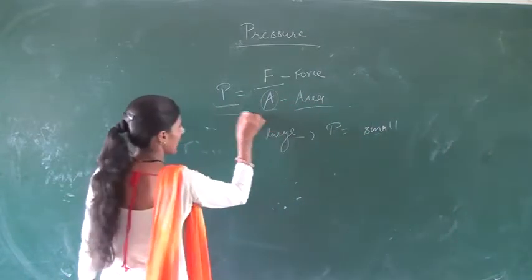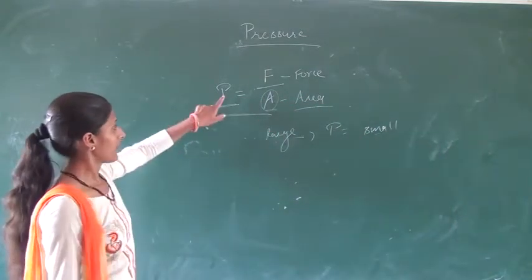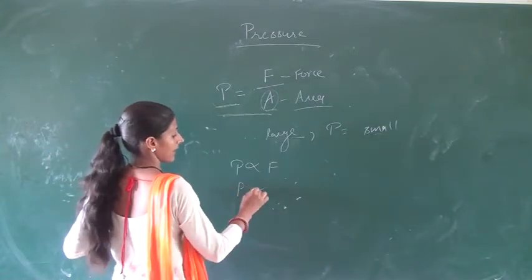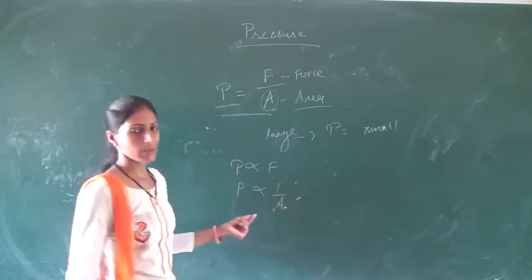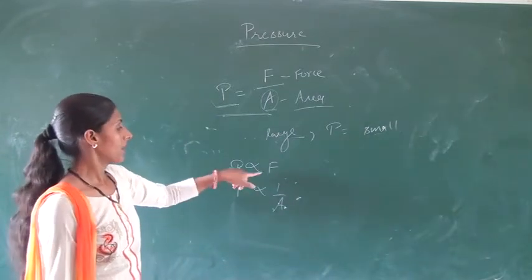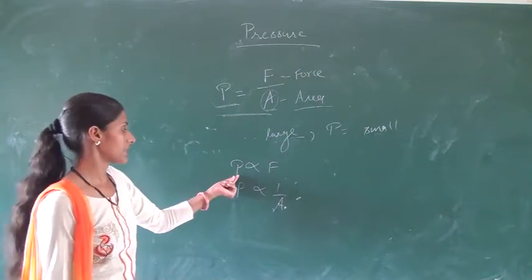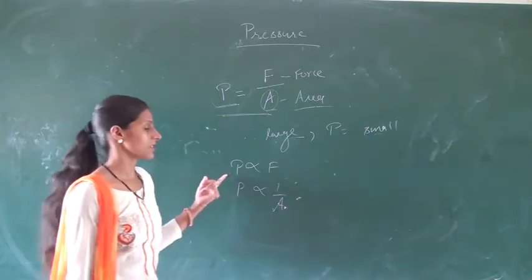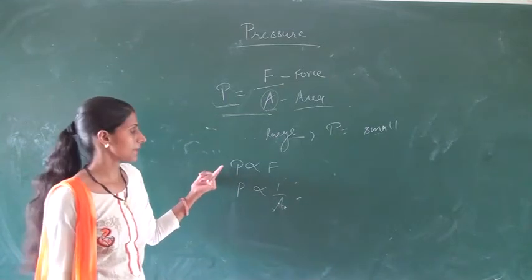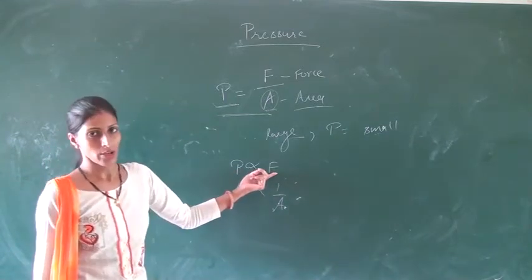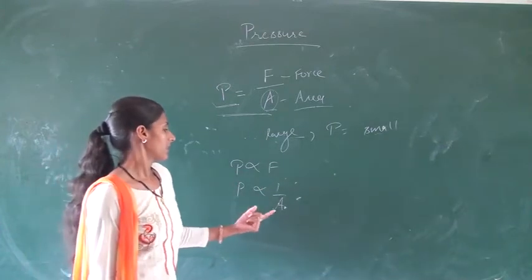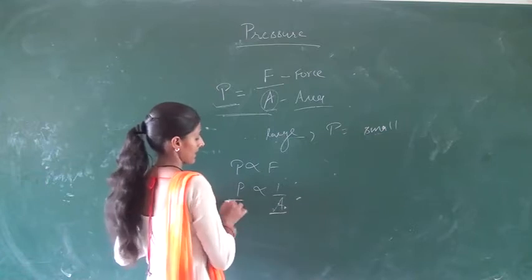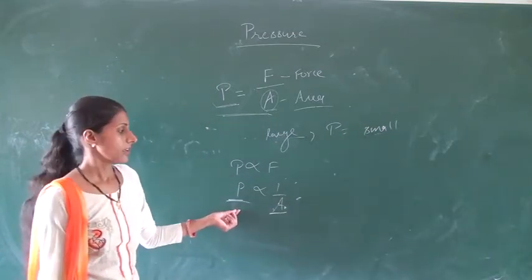Because with the help of this formula, pressure is directly proportional to force and inversely proportional to area. As we increase the force, the pressure also increases, and as we decrease the force, the pressure also decreases. Means pressure is directly related to the force, but inversely related to the area. On increasing area, pressure is decreased.